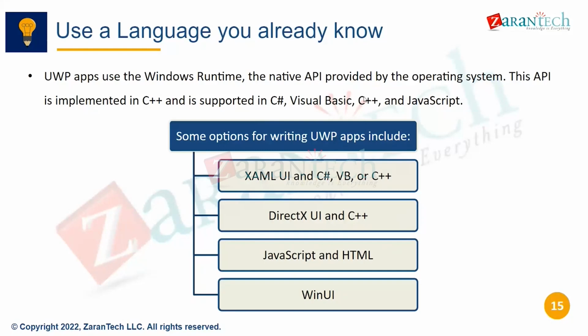So it is good to use C++, and JavaScript is a very common web framework. But the perfect combination for UWP is to use C# with XAML, because C# is a very high-level language, and right now you will get C# 10, which has great features.